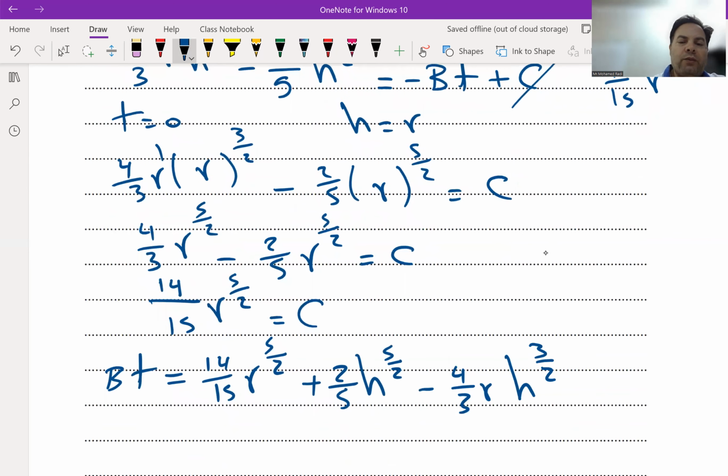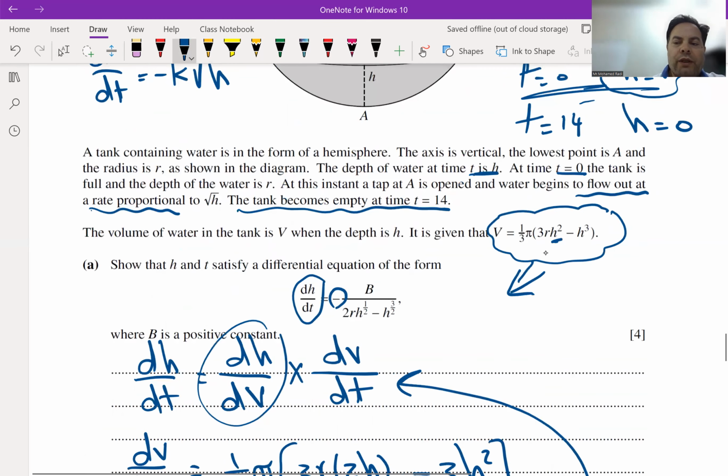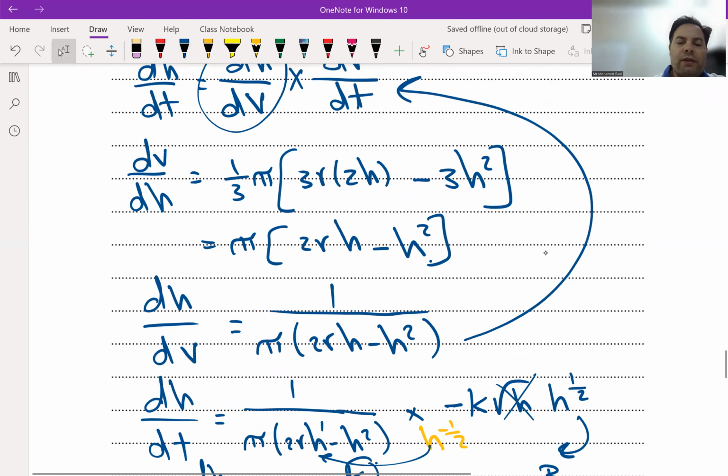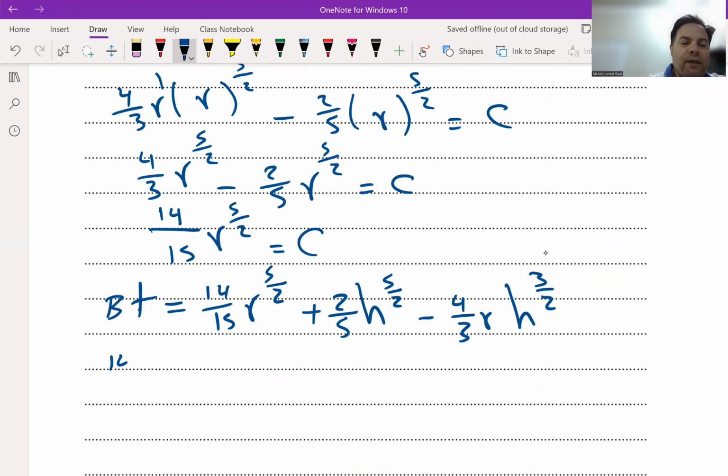How to get b now? It's given another information: when h equals 0, t equals 14. So 14b is 14/15 r^(5/2). This part is 0, this part is 0.